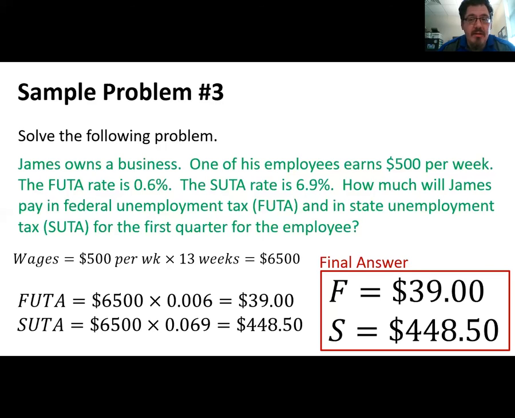It's a safety net for those folks. They can continue to pay their bills and put food on the table and things like that. So long story short, to calculate unemployment tax, you simply take the rate times the gross pay, the wages that are paid out, and then that's the amount that gets paid into the federal and to the state government.